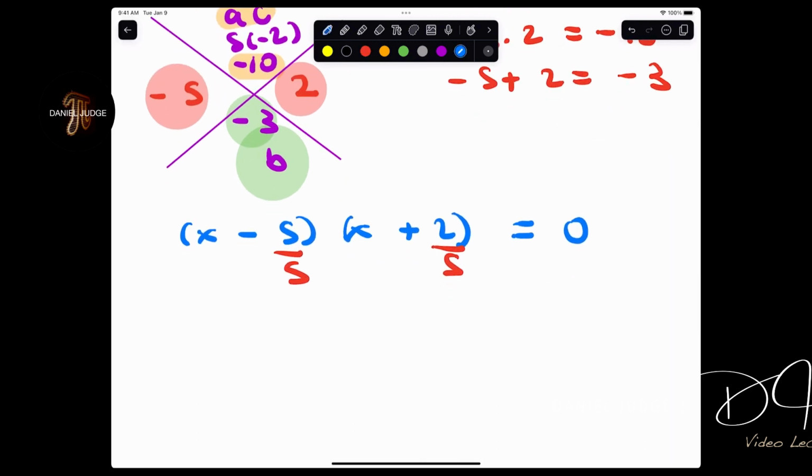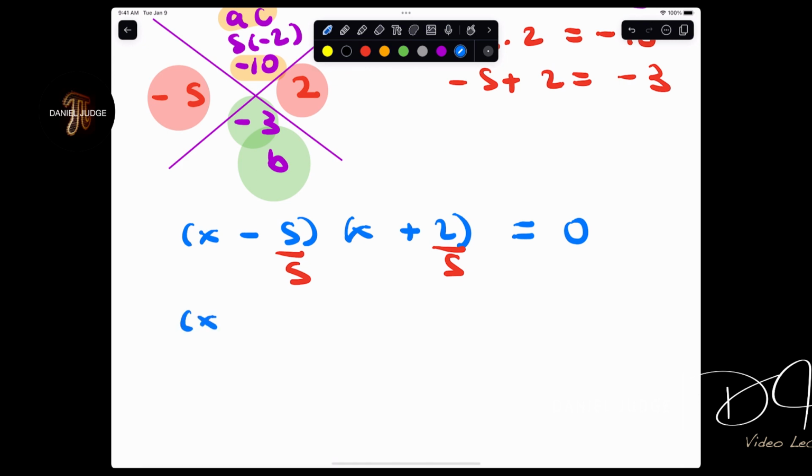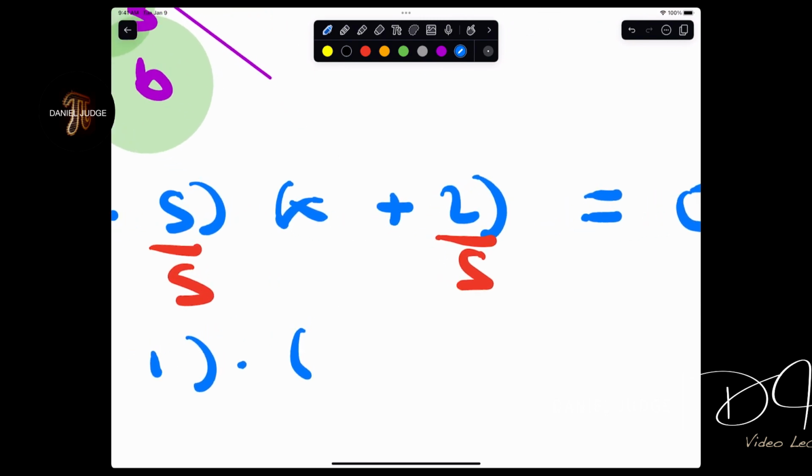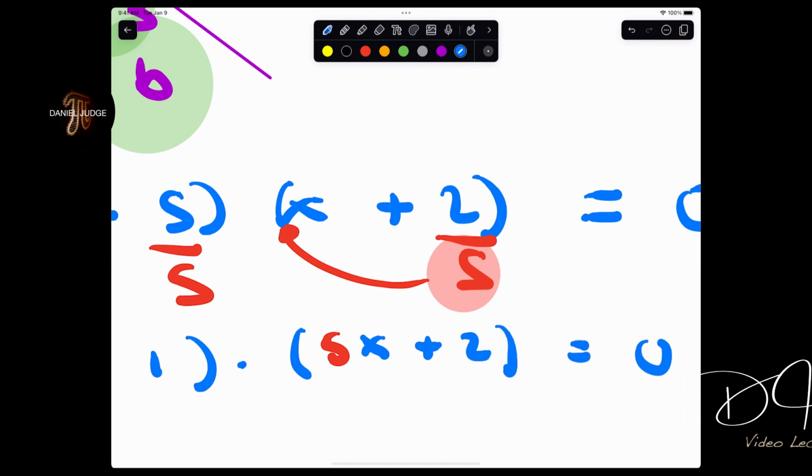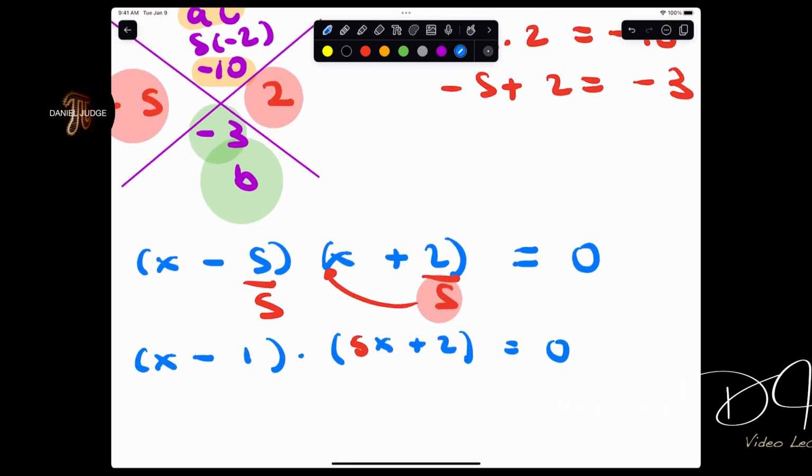And sure enough, you get a nice whole number, x minus 1, and then 2/5 is a decimal. You're going to bring that 5 up here in front of the x. There goes your 5. X plus 2, and then that'll equal 0.